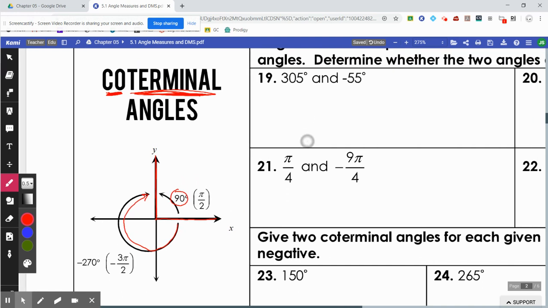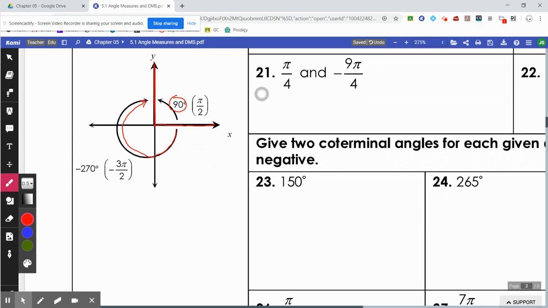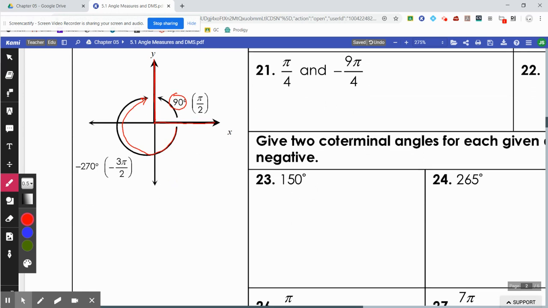So what you can do is you can either graph these. That's one method, but the easiest way is if two things have the same terminal side. Take this 90, and now take maybe 360 from it. That means you're coming here and then you're taking away 360. You're going to end up back here. Or if you add 360, you're going to end up back where you started.